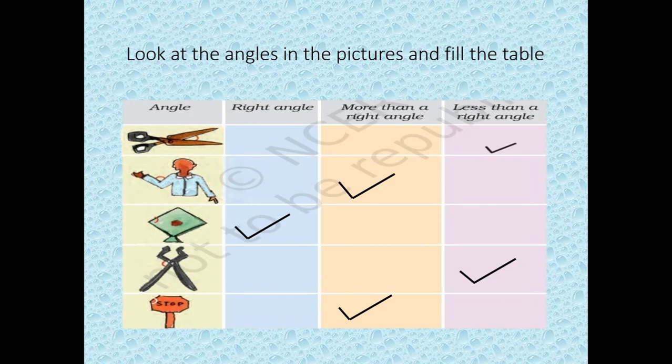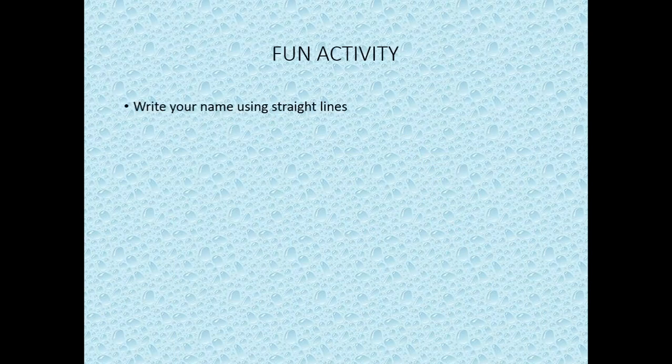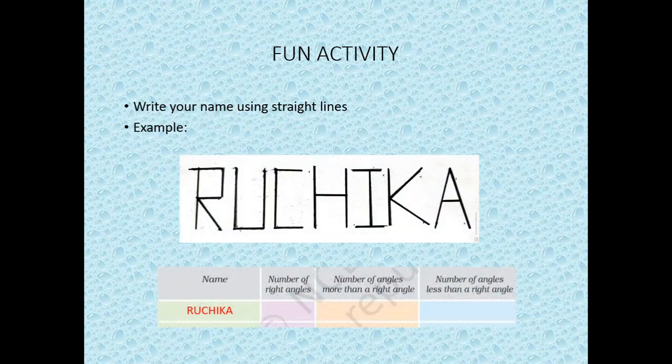Let's do some fun activity now. Children, fun activity is writing your name using straight lines and finding angles. For example, I'm taking a name Ruchika. I have written all the letters of the name using straight lines.